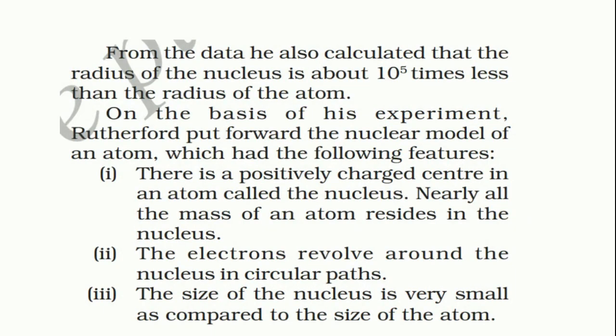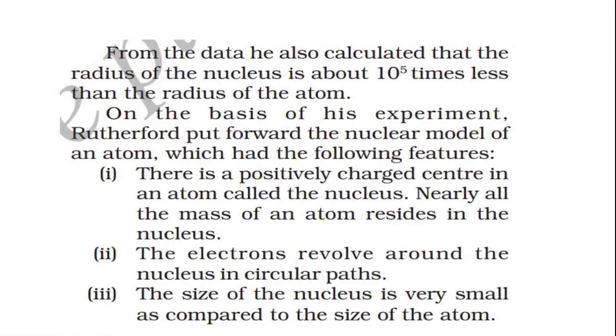So on the basis of his experiments, Rutherford put forward the nuclear model of an atom, which had the following features. He said that there is a positively charged center in the atom called a nucleus, and nearly all the mass of an atom resides in the nucleus.